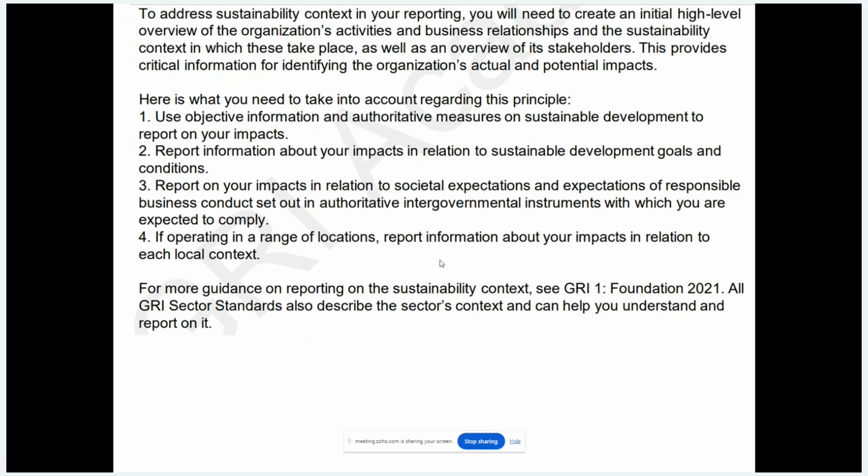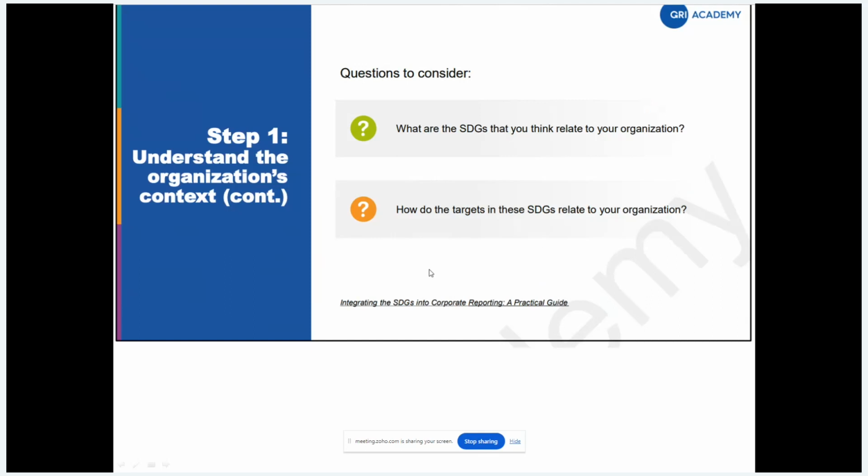If you are in a water stressed area, you will have different concerns. At some places, maybe near the coastal lines, the availability of the water table can be different. So the local context has to be factored into your reporting. That is the main point which we need to consider.